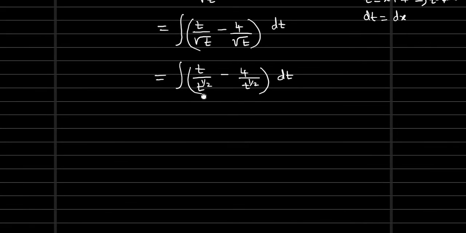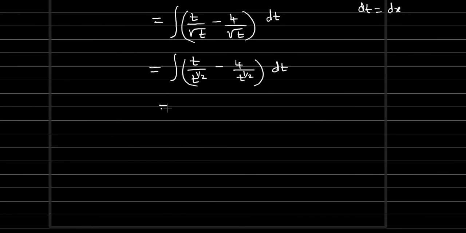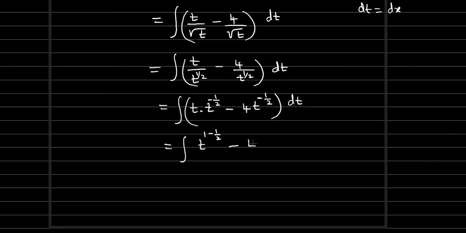Now the denominator part I am taking to the numerator so that we will have a negative sign in the power. So t into t power minus 1 by 2 minus 4 t power minus 1 by 2 dt. So now base same, we can add the powers. So 1 minus 1 by 2, minus 4 t power minus 1 by 2 dt.